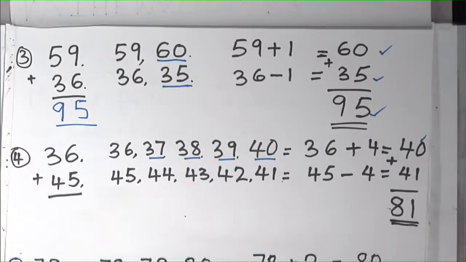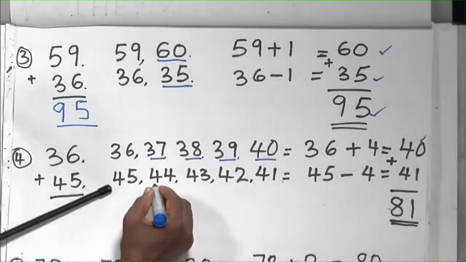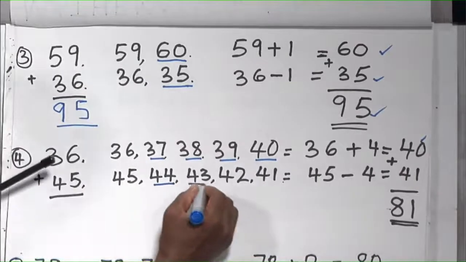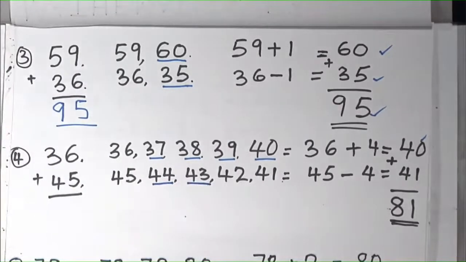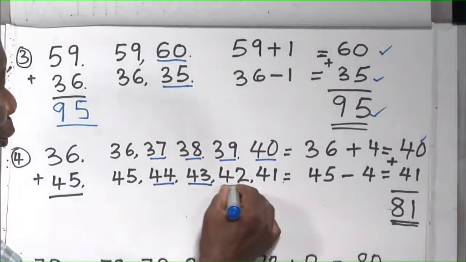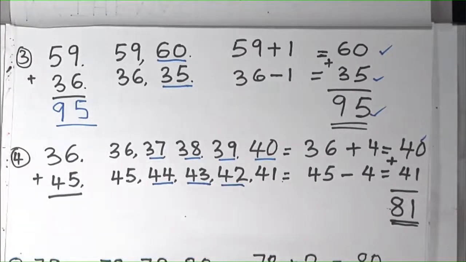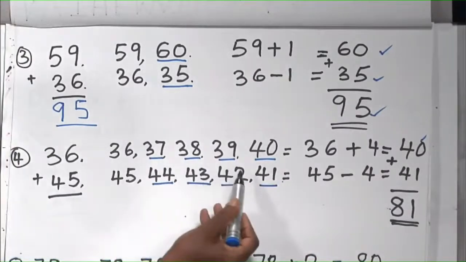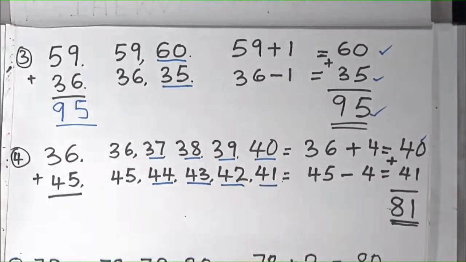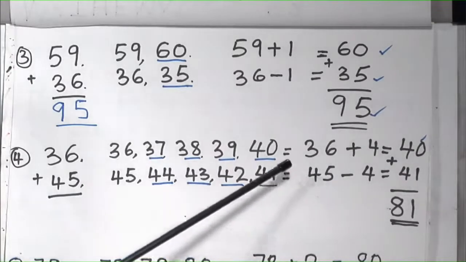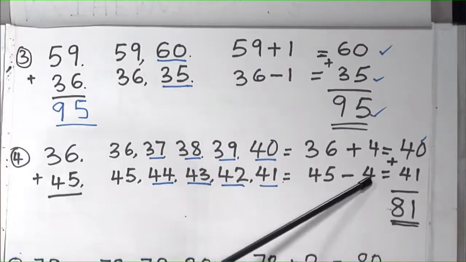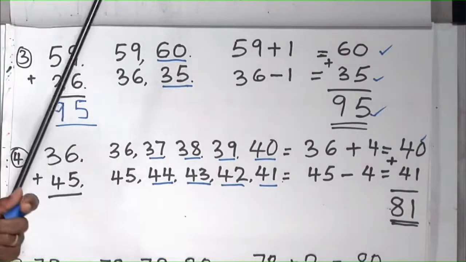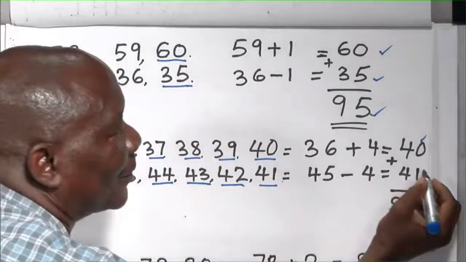And let's check. 45 minus 1, we get 44. 44 minus 1, we get 43. 43 minus 1, we get 42. 42 minus 1, we get 41. Count 1, 2, 3, 4. So we have 4 numbers. So we subtract 4 from 45, and that will give us 41.